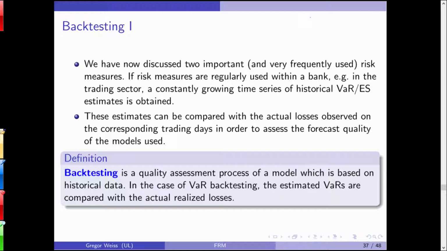Assume you have 100 days. You look at daily losses. You have 100 days and you want to calculate the VaR. Then you have 100 data points. If you calculate the expected shortfall based on alpha being 99%, out of these 100 data points, you want to calculate the average of just one empirical observation beyond the VaR.